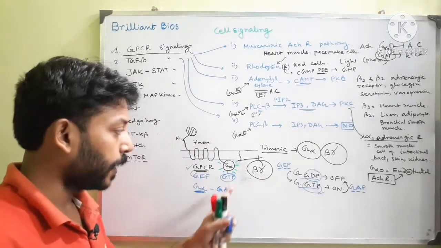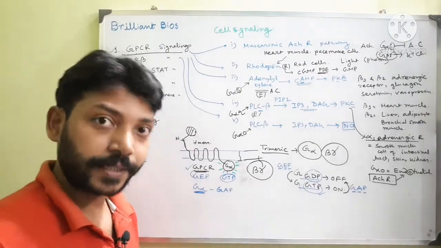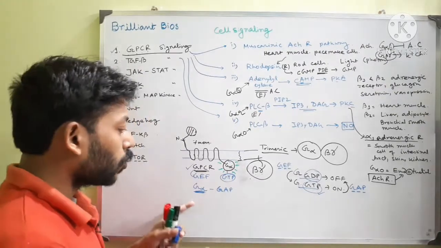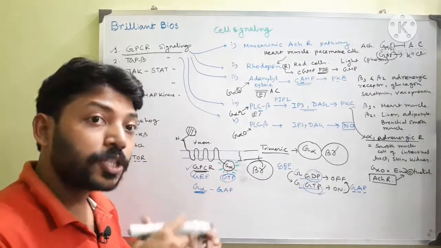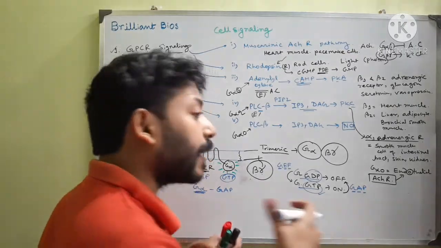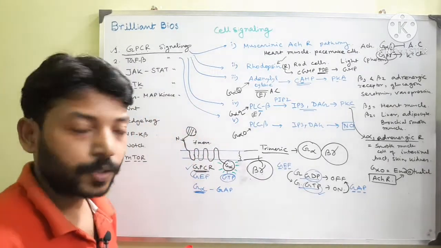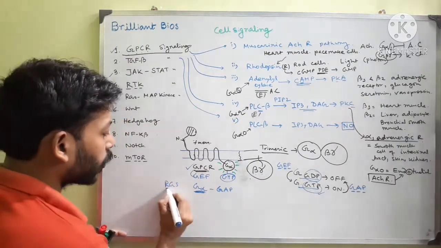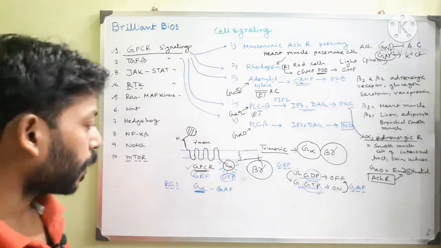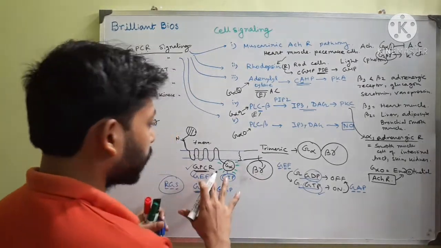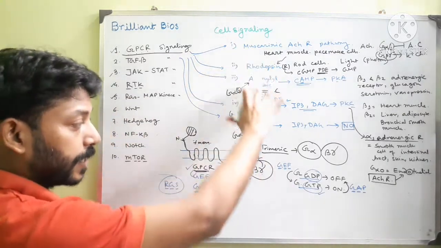It can break down the GTP to GDP by itself, but the rate of hydrolysis is very low. To break down the GTP to GDP, it can take help from another GAP protein we call RGS, regulatory G signaling protein.